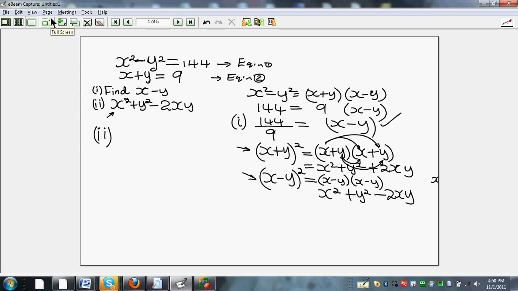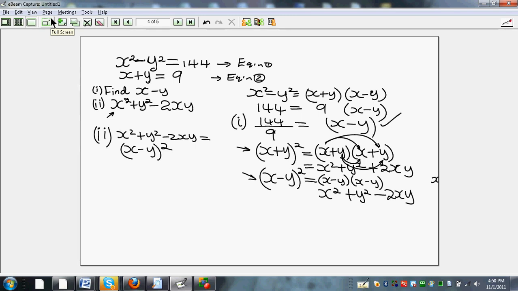Because you have your x squared, you have your y squared, and you have minus 2xy, which is what I have here. So this could be written like this, because it's the same thing. So I could write that x squared plus y squared minus 2xy is equal to x minus y all squared. Why is that useful to me in this case?